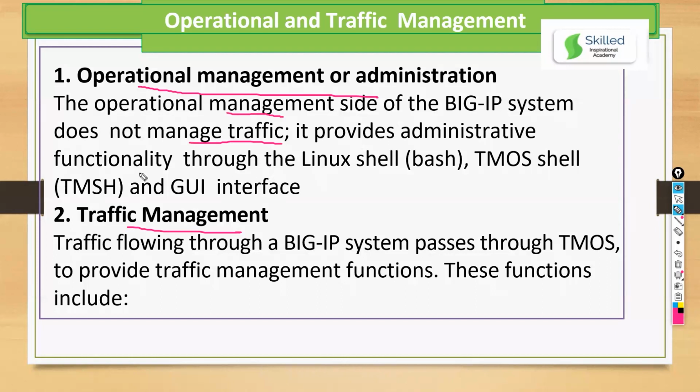It only provides admin functionality, that is GUI interface access, CLI interface access, that's it. But when I talk about traffic management plane, that is called data plane. That is traffic coming from client and F5 forwarding to your server. Very, very important, guys.